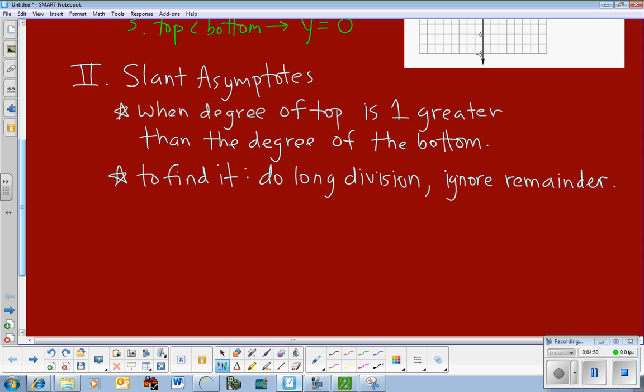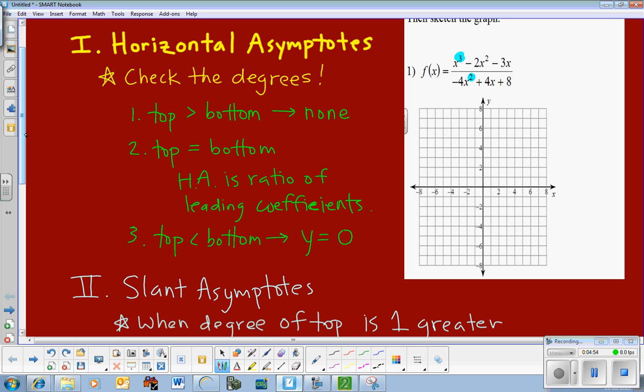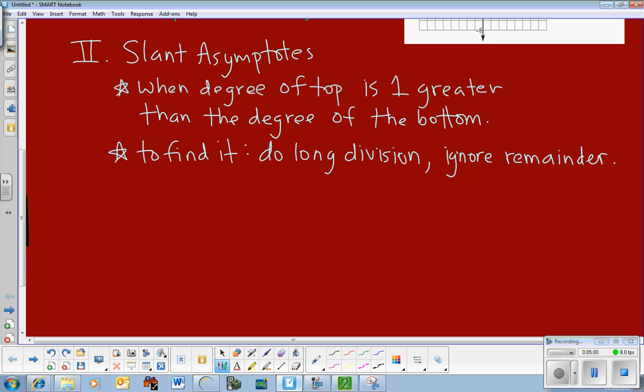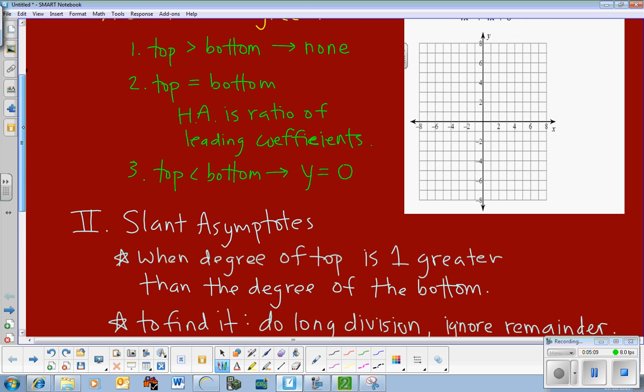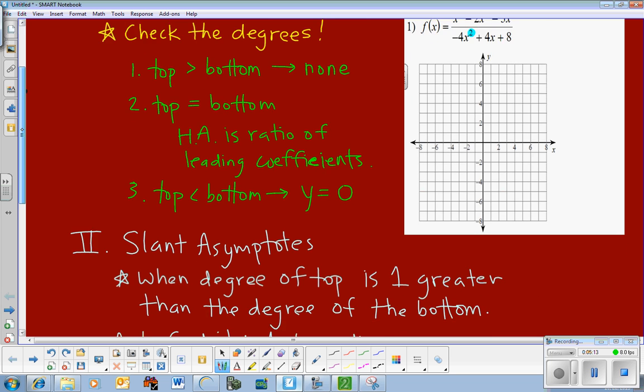So we just take our equation and divide it the old-fashioned way. We're going to divide negative 4x squared plus 4x plus 8 into the numerator x cubed minus 2x squared minus 3x.